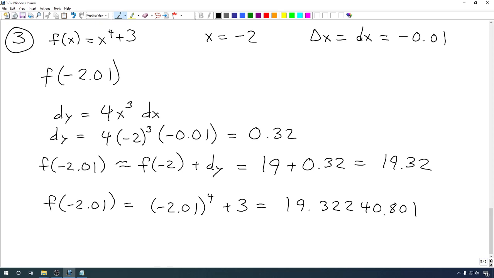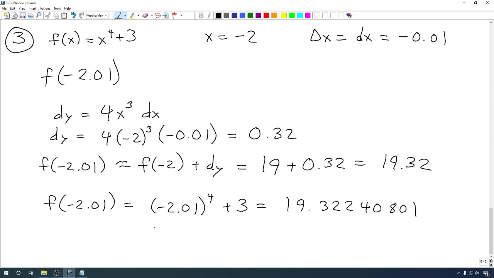But the point here is that this difference at the end can be insignificant in a lot of cases, especially in applications where errors in measurement might make that meaningless. So we're basically saying that we've got a very good approximation of our function, with maybe relatively less work. It really depends on what the function is.